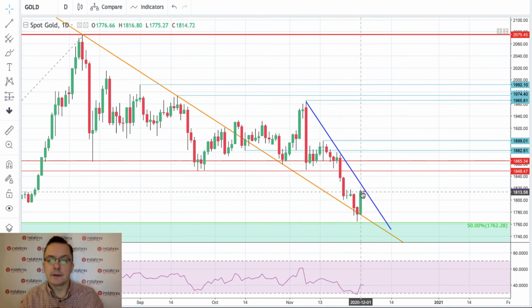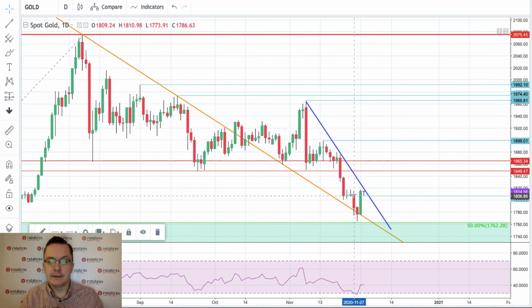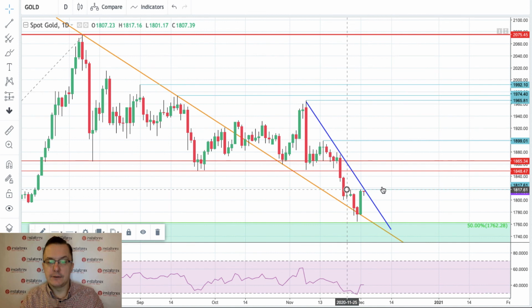But if today, for example, we will break higher above this blue line, then of course we are targeting 1,848, 1,865. So please notice this is the actual level for you guys, and as you can see, we are right now just below the 1,870.